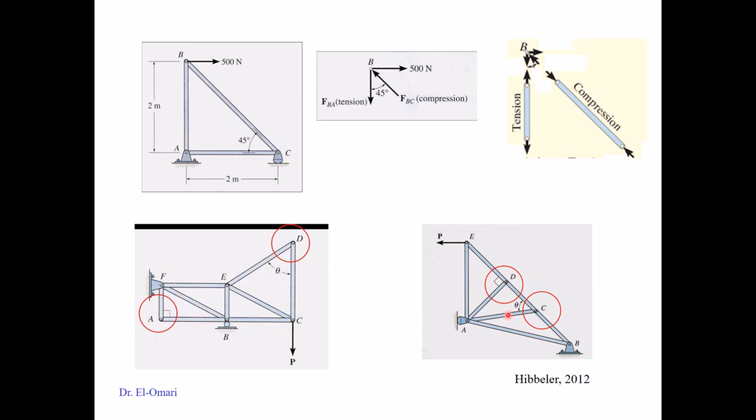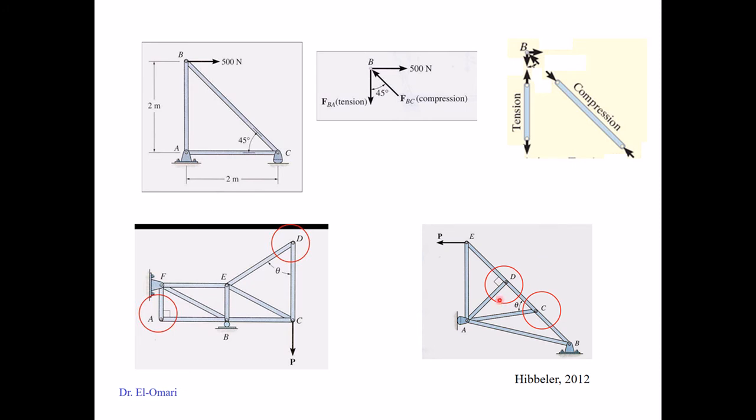If you imagine removing these two members because they are zero, this will collapse right away because it's connected with pins. It will be unstable. To make it stable, you would use one long member from E to B, which would not be economical for the weight of the member, the cross section, transportation, and all of that.